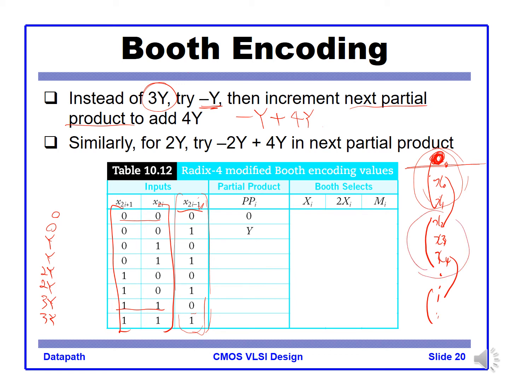But for the next group, for example, if the MSB of the previous group is 1, then that directly corresponds to the y. This is the 4y generation, and that is considered to be the y in the next group's generation, because this is all 2-bit shifted.